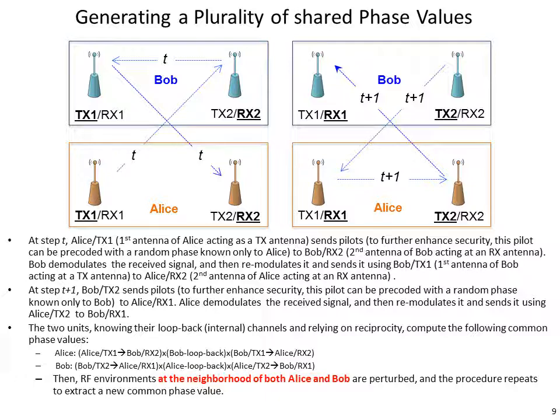The net outcome is that at time t, we measured this phase by passing the channel in this direction. In the second step, we measured this phase, which is essentially the same wireless path traversed in the opposite direction.